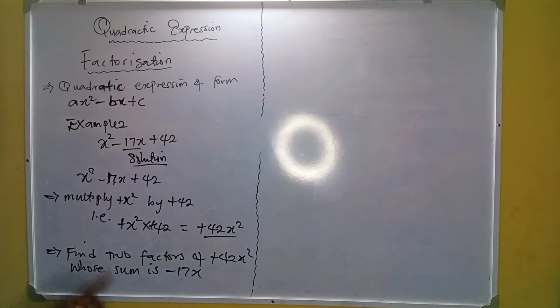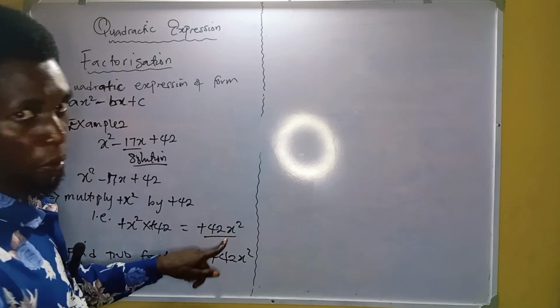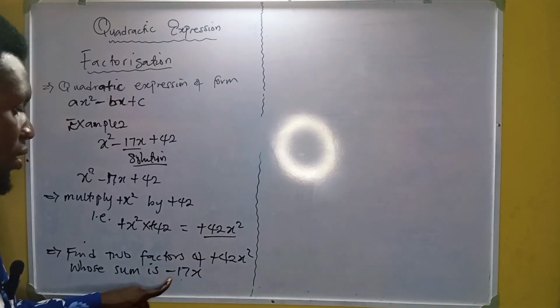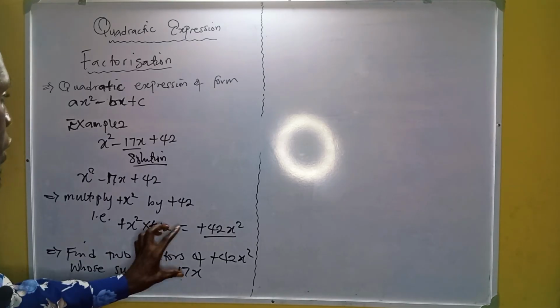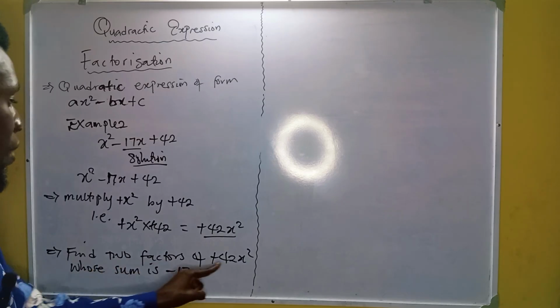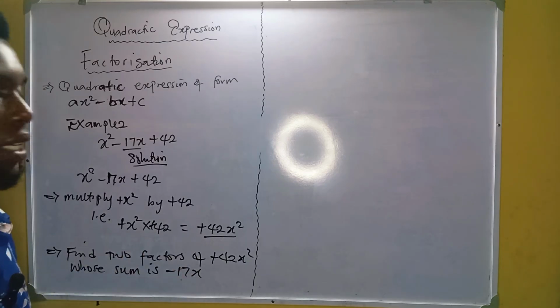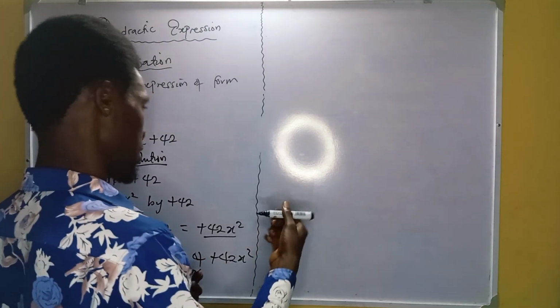Now, look at this. What you have here is positive, but what you have in the middle term is negative. So each time you come across this form of quadratic expression, the two factors you are asked to find are both negative.